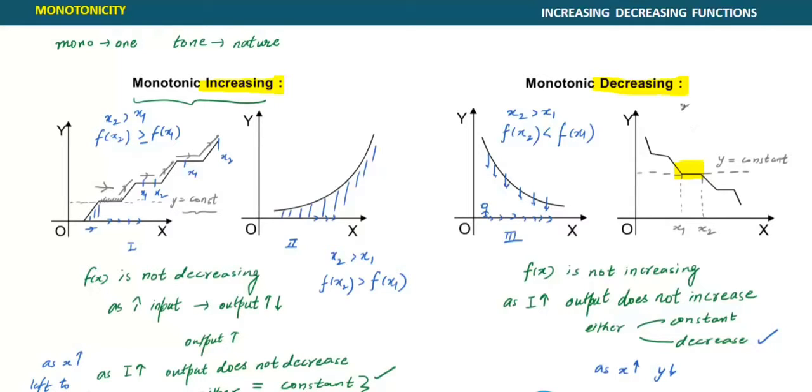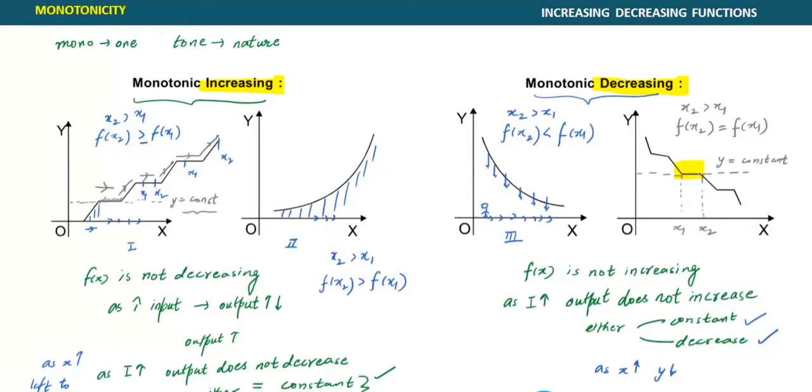We know that x2 is greater than x1 for sure, but the values at both of them are equal. Again, no problem. Why? Because they could be constant, so that means it should not increase. So for this region x1 to x2, it is not decreasing, it is constant.